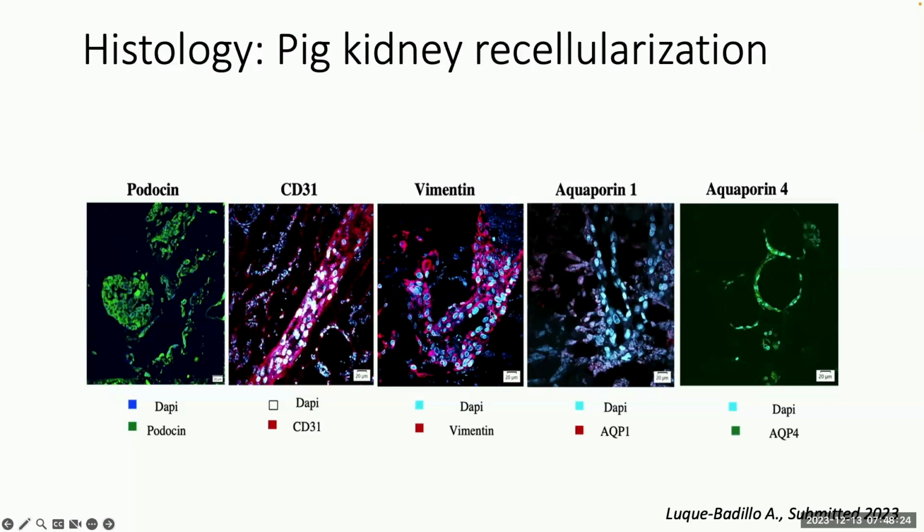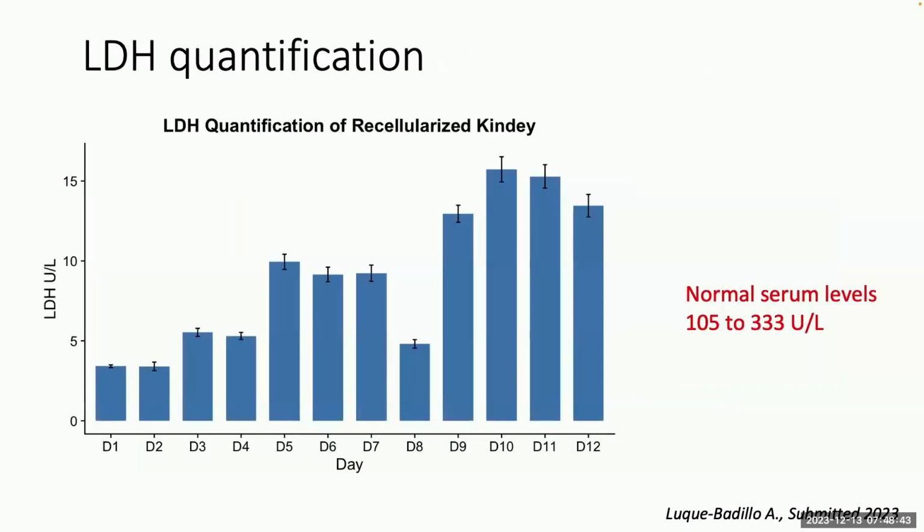We had stromal cells also present, aquaporin 1, for example, and aquaporin 4 right here, forming these structures. So definitely cells started migrating, and they're migrating to the right places. Again, we're not there yet, but it's just a start.